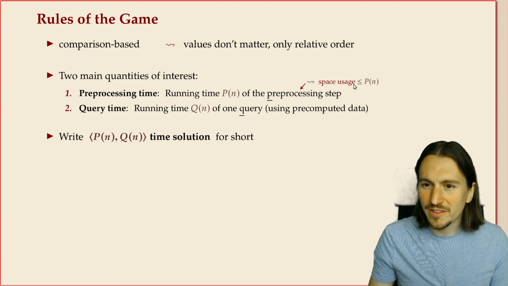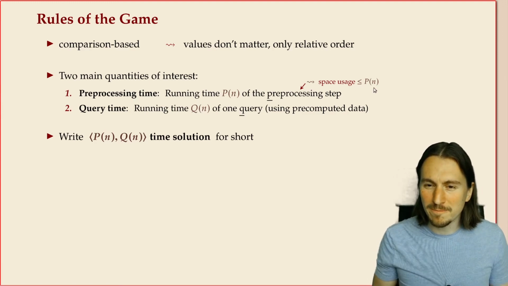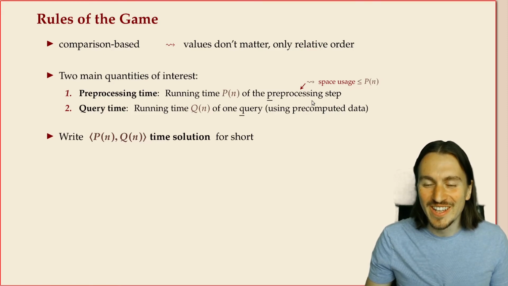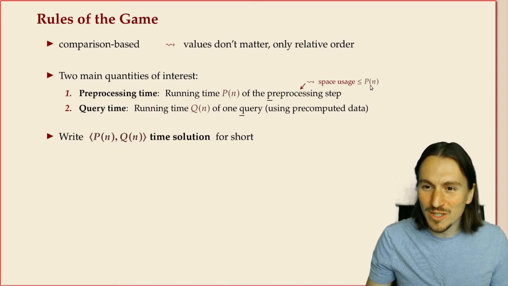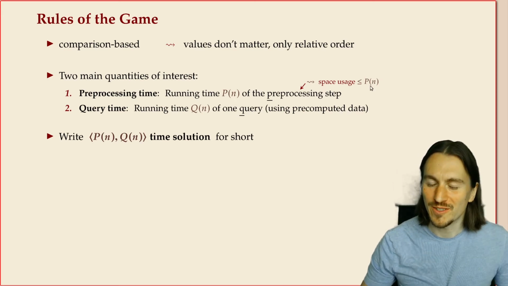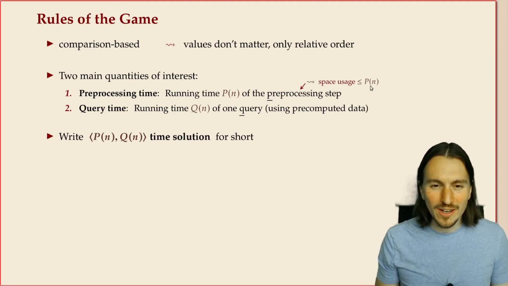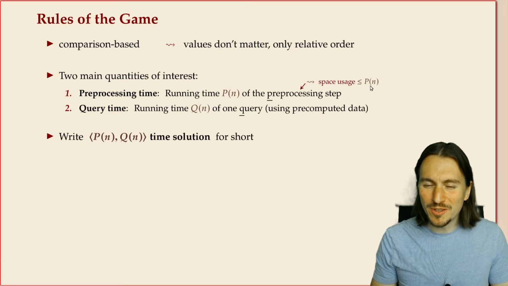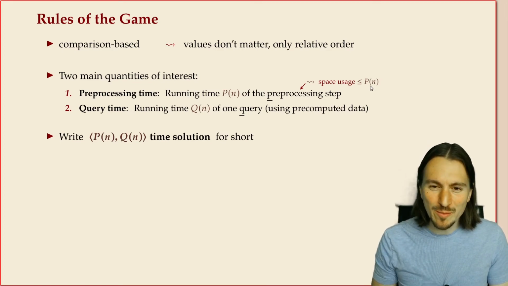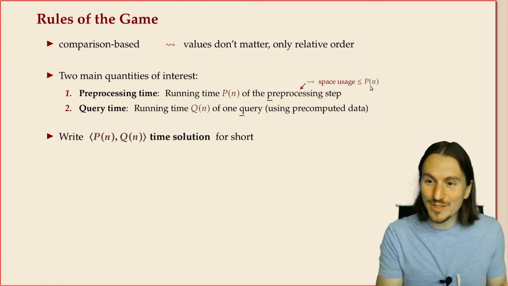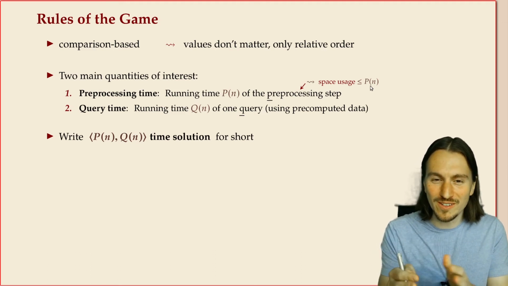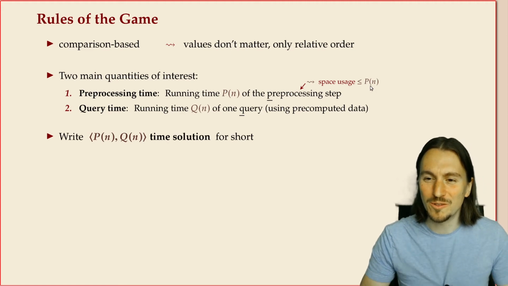A nice result here also, just because, okay, first state what it says. If the pre-processing time is at most P of n, that also means the space usage of the data structure is at most P of n. Simply because, suppose the data structure would be bigger, you would at least need the time in the pre-processing step to write down the data structure. So there's no way you can create something bigger than you have time to write it down.